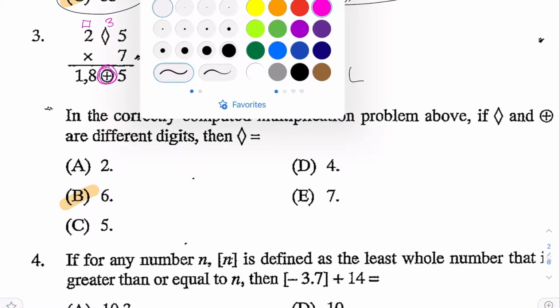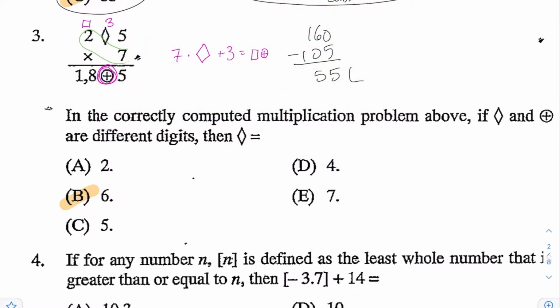And then the next part is that you have to do 7 times that 2, which is 14. And you have to add that box, and that's equal to 18. So you know that this box has to be equal to 4. So 7 times some number plus 3 has to be 40-something.